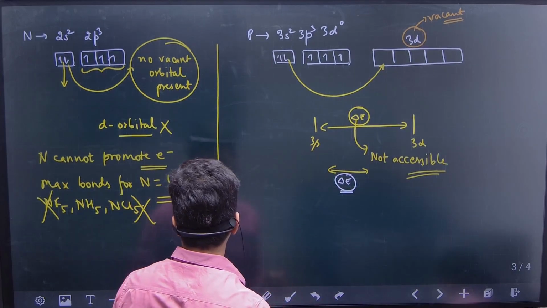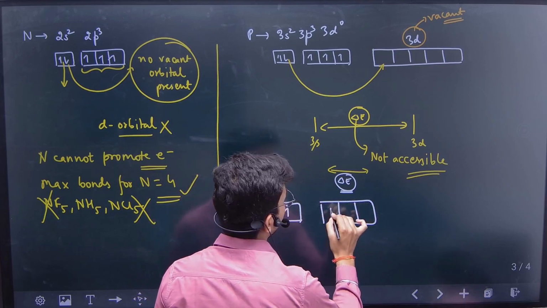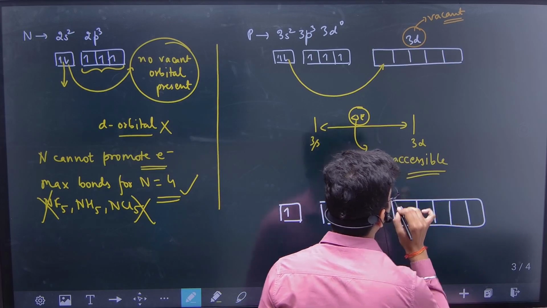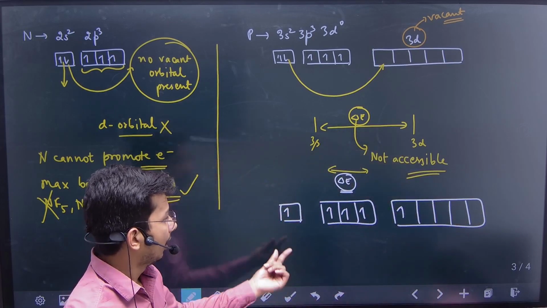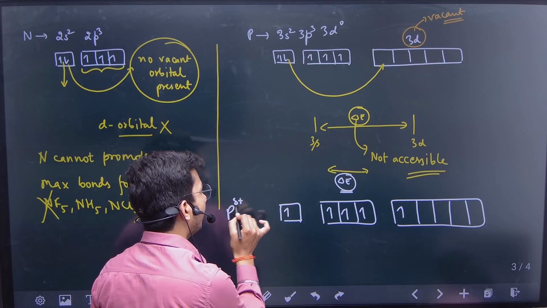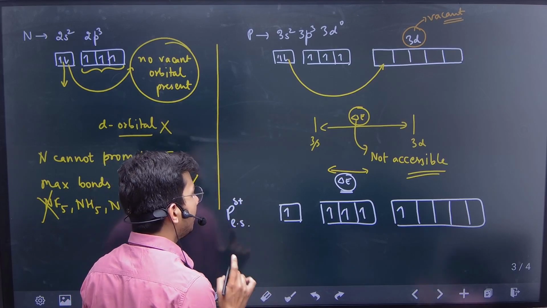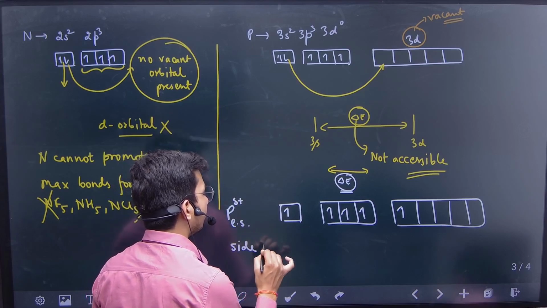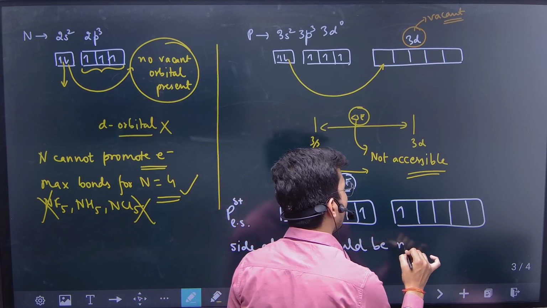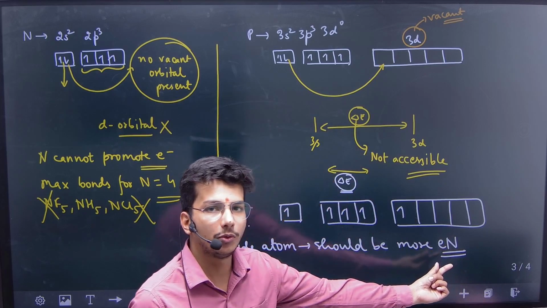The promotion takes 3s1, 3p3, and it will become 3d1. So this is the excited state of phosphorus, but what we are considering is, there is delta positive charge associated with phosphorus. There is charge contraction taking place. That means the side atom should be more electronegative.